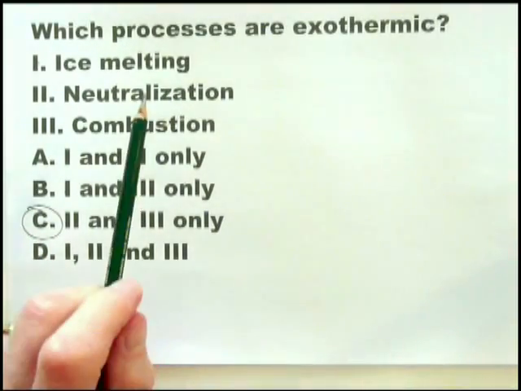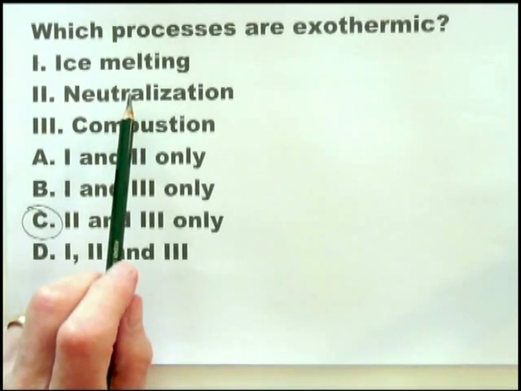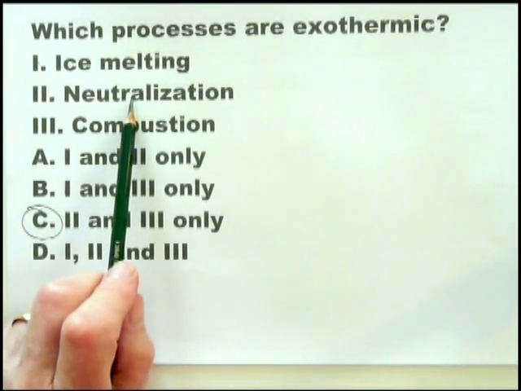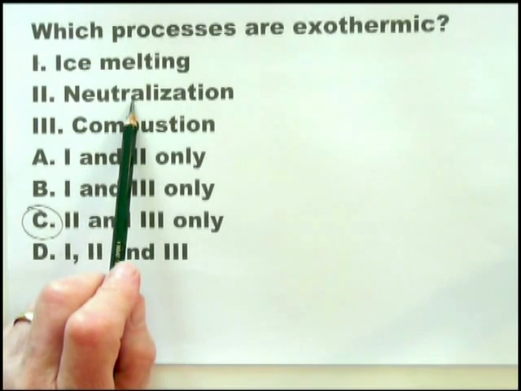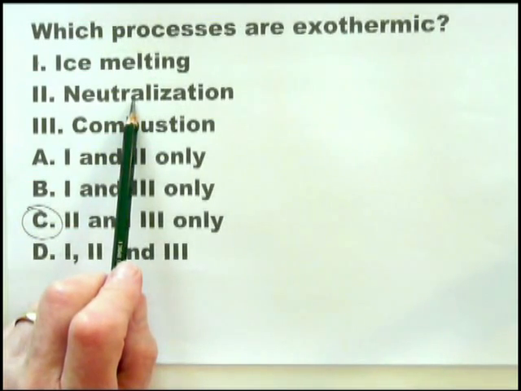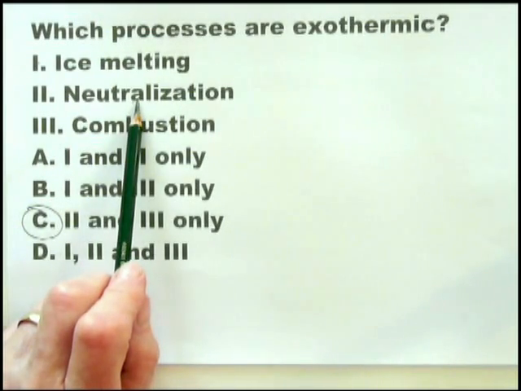Let's look at that. If you didn't know it, you now know it. Neutralization is an exothermic reaction. Sodium hydroxide and hydrochloric acid do give off heat. If you've done a titration, even with fairly dilute sodium hydroxide solution and hydrochloric acid solution, and you've felt the conical flask underneath the burette, you'll realize that it gets warm.